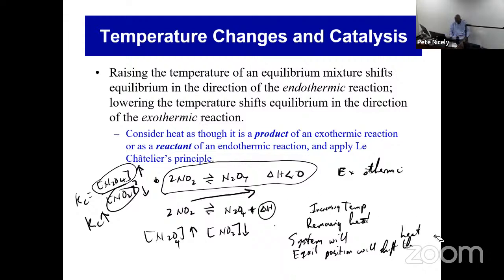So here, the system will shift to the left. All right, so let me correct the error here as well. So please make that correction along with me. So the equilibrium will shift to the left in order to use up the heat that is added. So that's going to change these errors as well.